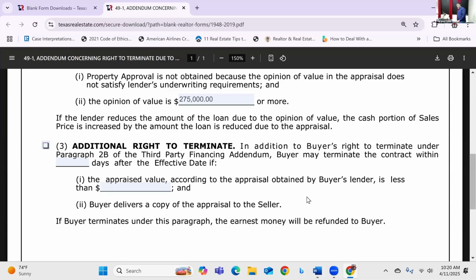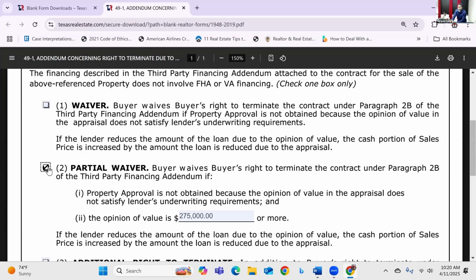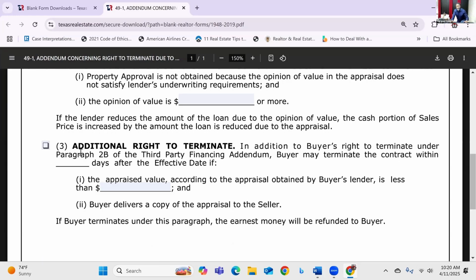The first thing says the appraised value according to the appraisal obtained by the buyer. Let's say we put 7 days there and we have the same $300,000 house. You talk to your buyer, and the buyer says, look, you did all the math. I have a 90% LTV, and I know exactly how much I have in my bank account.